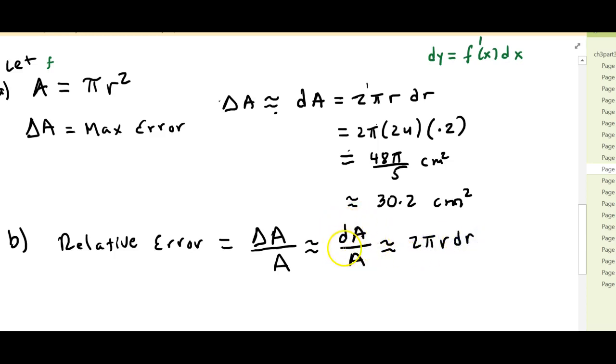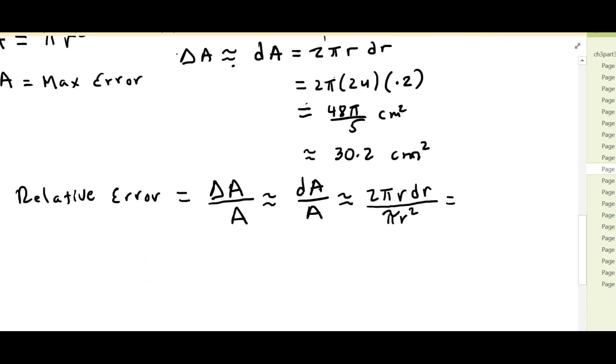That's what we calculated up here. And then A is your area, pi r squared. If you reduce that fraction down, the pi's will cancel. You can cancel one of the r's in the denominator. You'll get 2 times dr over r.